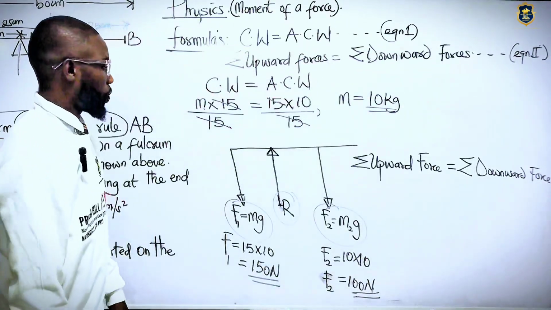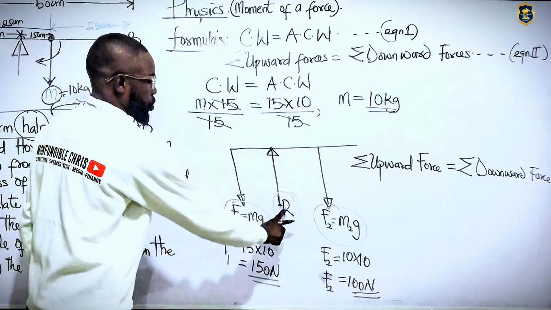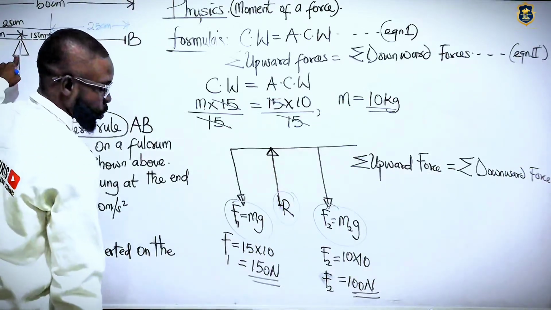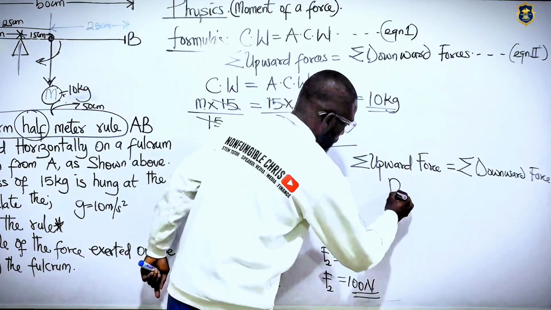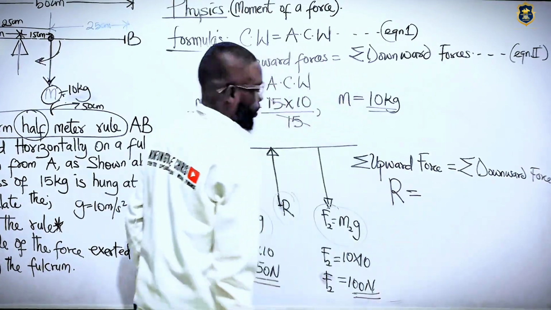So what are our upward forces? Just this one is the only upward force we have, the fulcrum, that's what we're looking for. We called it R. So R is equal to the sum of the downward forces.